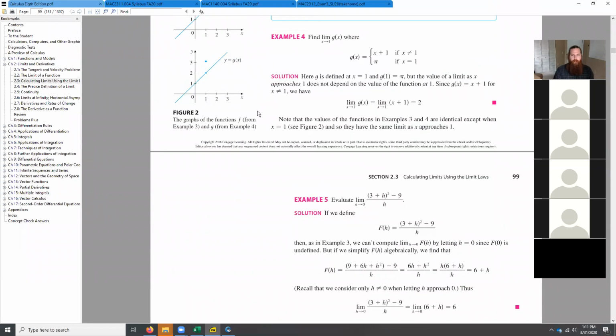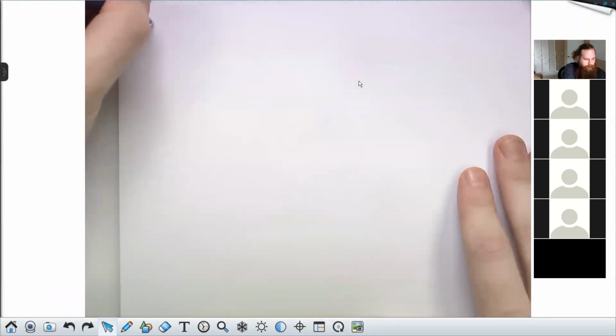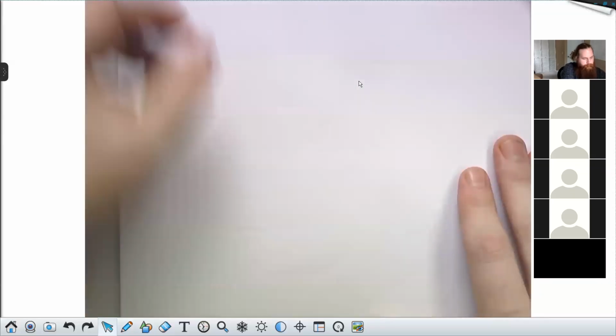There are some other examples here before we get to a derivative example. I suppose it couldn't hurt to look at this piecewise function. Where did they do the split? At 1.